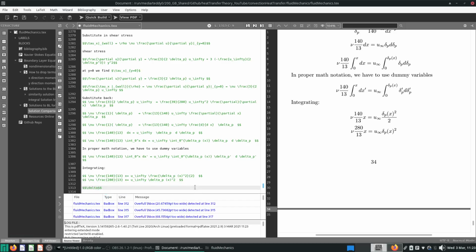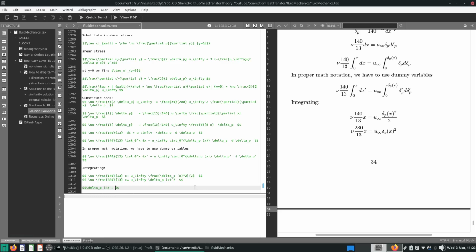Okay, delta p x equals the square root of 280 over 13, and what do you have? Nu x, nu and x on top, and you have u infinity at the bottom. So it's like a 1 over the Reynolds number, almost.